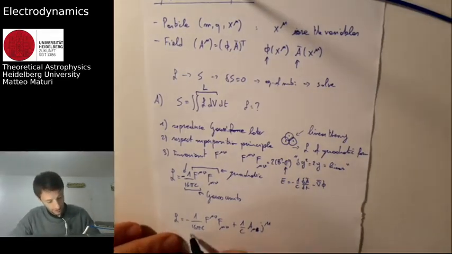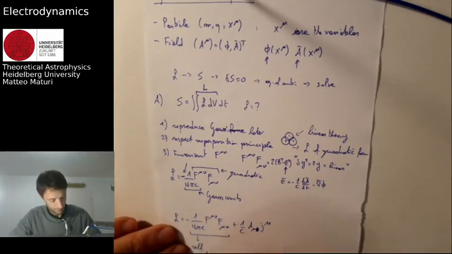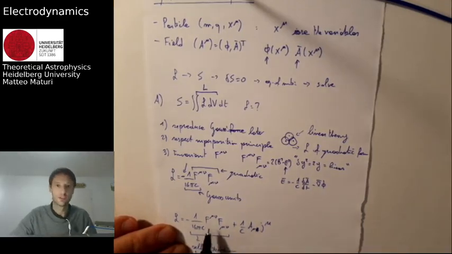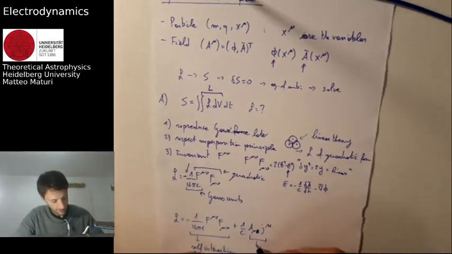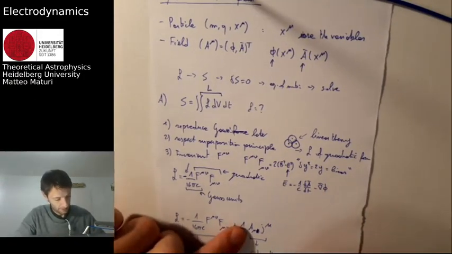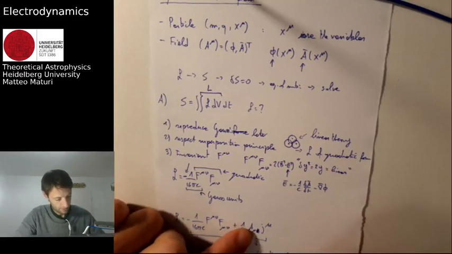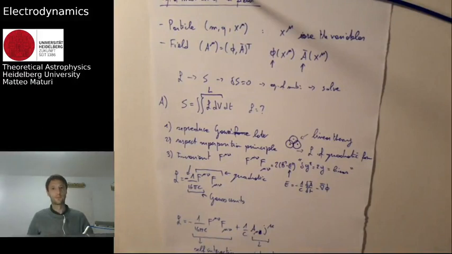So this first term represents the self-interaction of the field. You see, it's the interaction of the field with itself. Whereas this term here represents the interaction of field and matter.